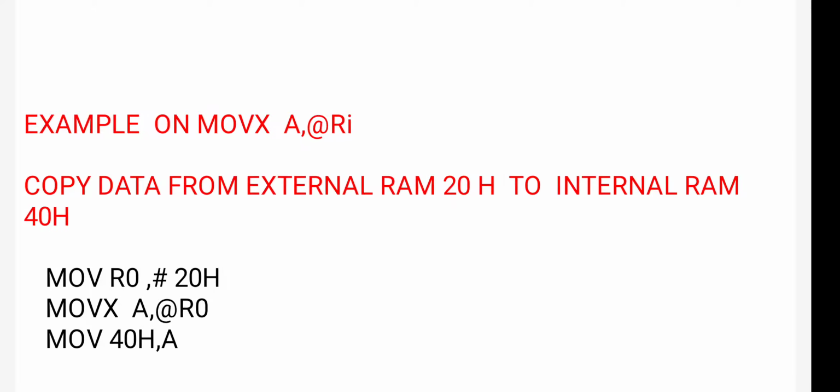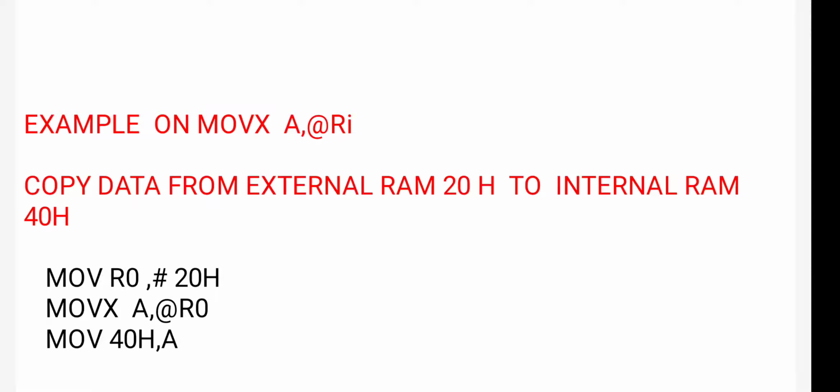In this example, the question is to copy data from external RAM address 20H to internal RAM address 40H. Here we have to copy data from external RAM to internal RAM. The address of the external RAM is 20H and the address of the internal RAM is 40H. So what should we do?